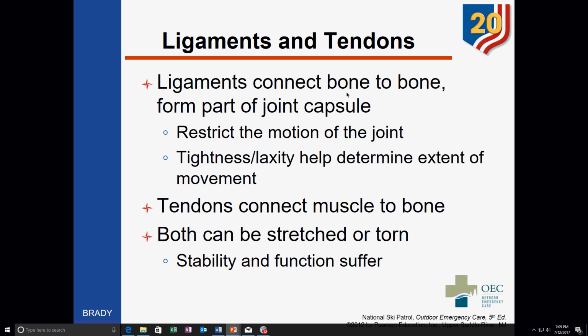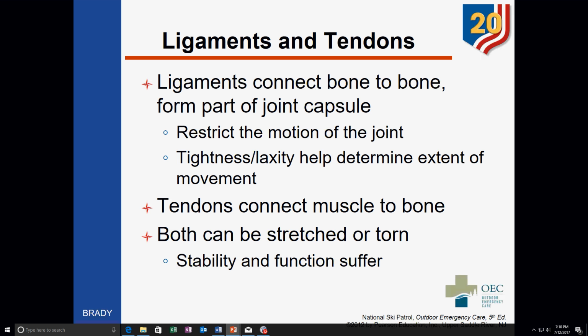Again, the one thing I'd ask you to take away from here is that ligaments connect bone to bone, and tendons connect muscle to bone. That's about all you need to know off of this slide. Again, a torn ligament is the joint that came apart from one bone to another. Tendons, muscles, the bones. And again, you can stretch or tear a ligament or a tendon.